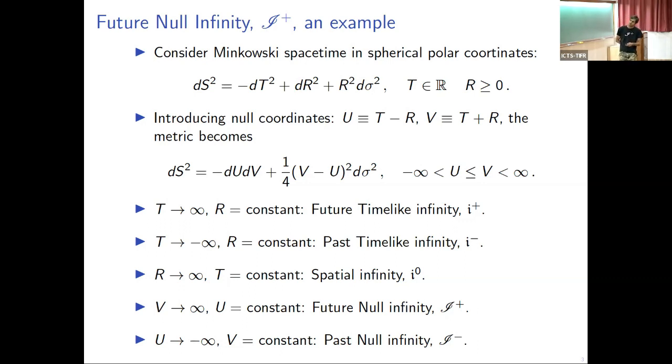As R goes to infinity on a constant time slice, we reach spacelike infinity. When v goes to infinity at a constant u, we reach the future null infinity, and as u goes to minus infinity at a constant v, we reach past null infinity.